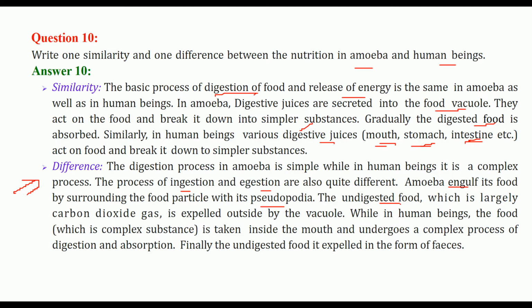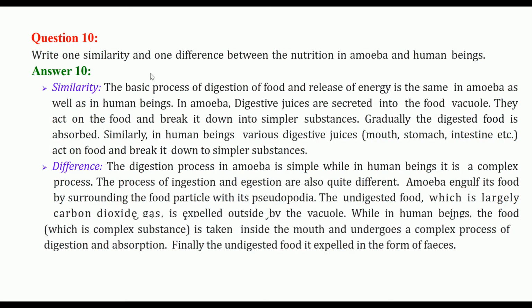The undigested food is expelled outside by the vacuole. In human beings, the food, which is a very complex substance, is ingested through the mouth and undergoes a complex process of digestion and absorption. Finally the undigested food goes out in the form of feces, excreta.